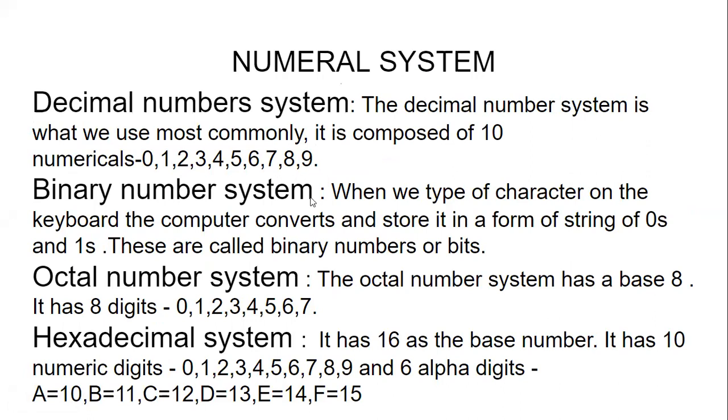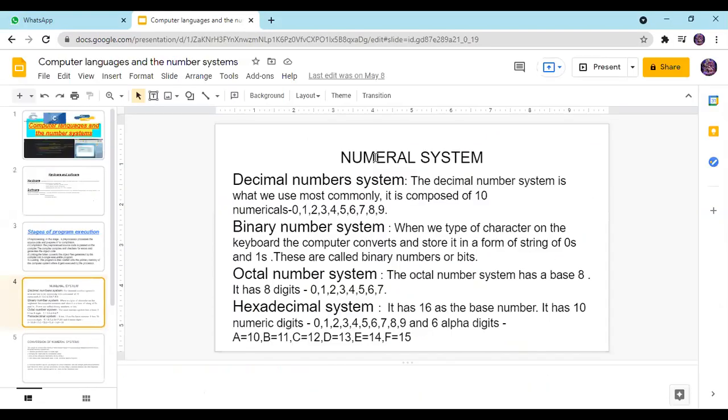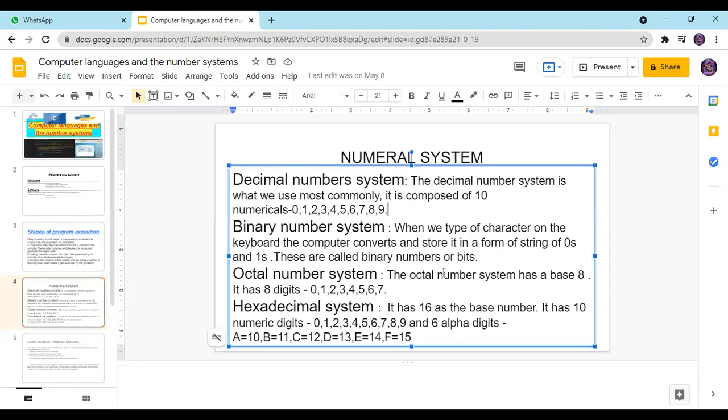Binary number system. We use this most frequently when we type a character on the keyboard. For example, here I want to change it.